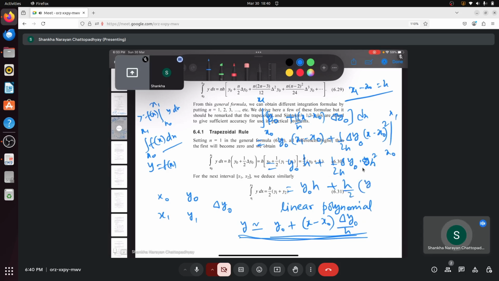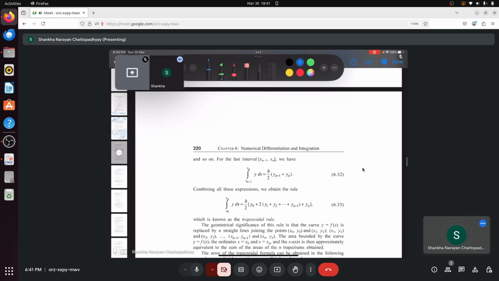And what is delta y0? This is nothing but the forward difference, and this will ultimately give you h by 2 into (y0 plus y1). So this is the simplest trapezoidal rule.